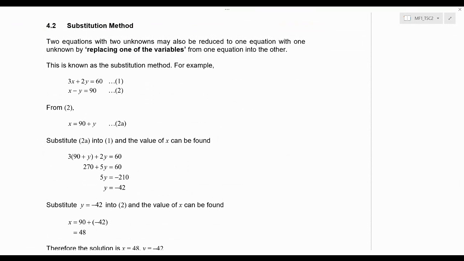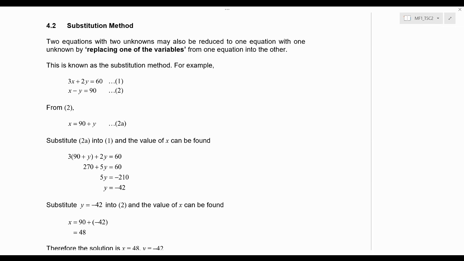For this case, the question is 3x plus 2y equals 60. Oh, it's actually the same question as earlier, the same question as our elimination method: 3x plus 2y equals 60, and x minus y equals 90. For this version, we want to substitute one of the variables inside the other equation. So we choose equation 2 because it is in a neater form.